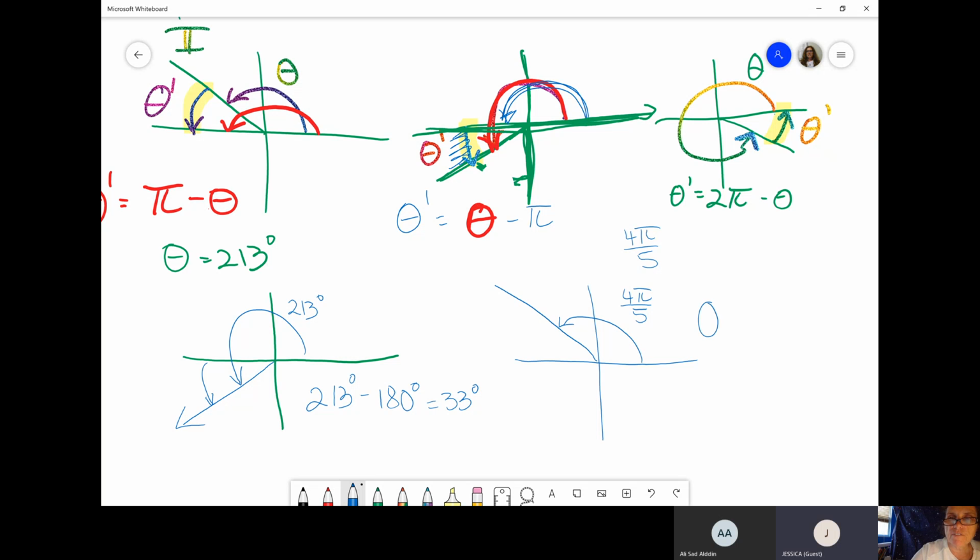We find the reference angle how? Well, we're going to take the entire half revolution, that's pi, and then we're subtracting 4 pi over 5 from it. And we get 5 pi over 5, which is 1 pi, minus 4 pi over 5, which is 1 pi over 5.